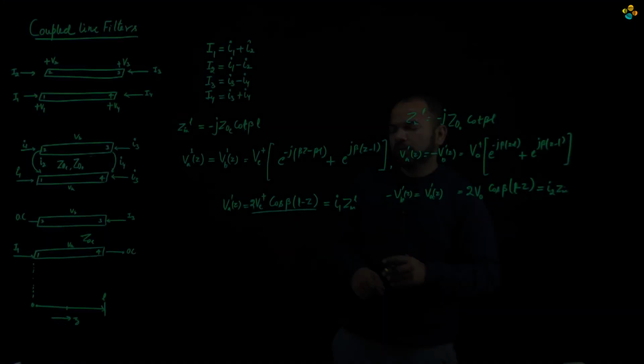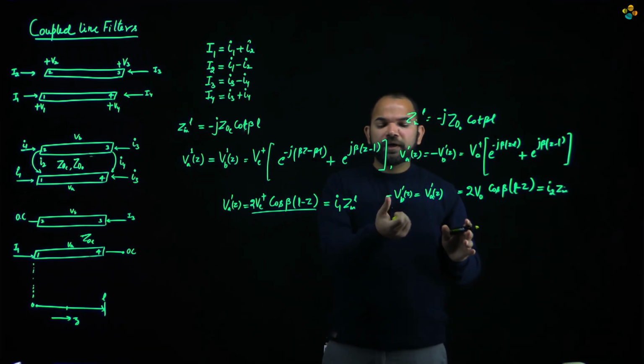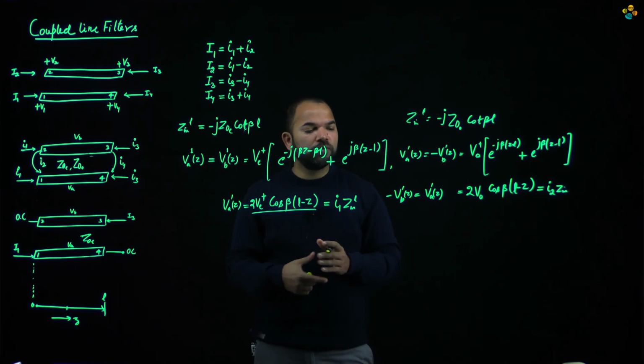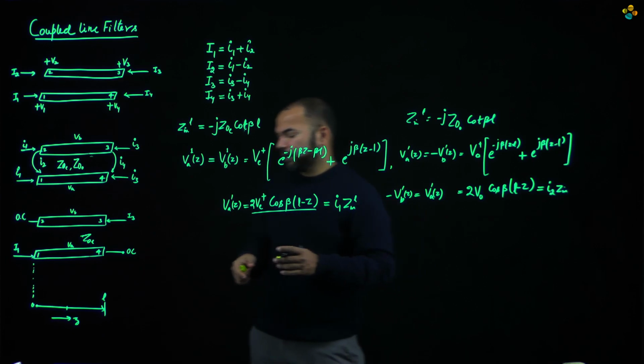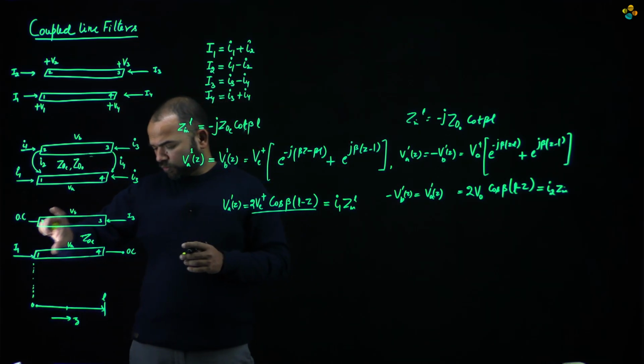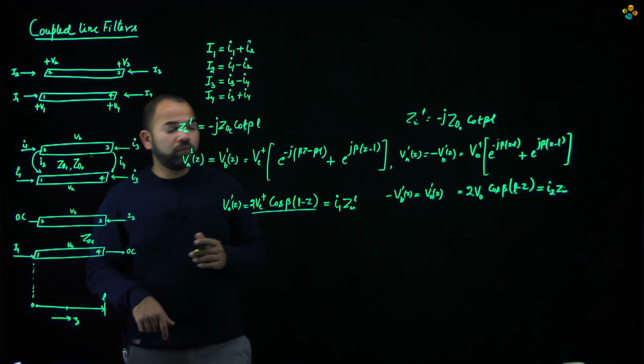Okay. So after we are getting the VA and VB values for even and odd mode, now we can define a complete voltage, how we can get the total voltage at port 1.